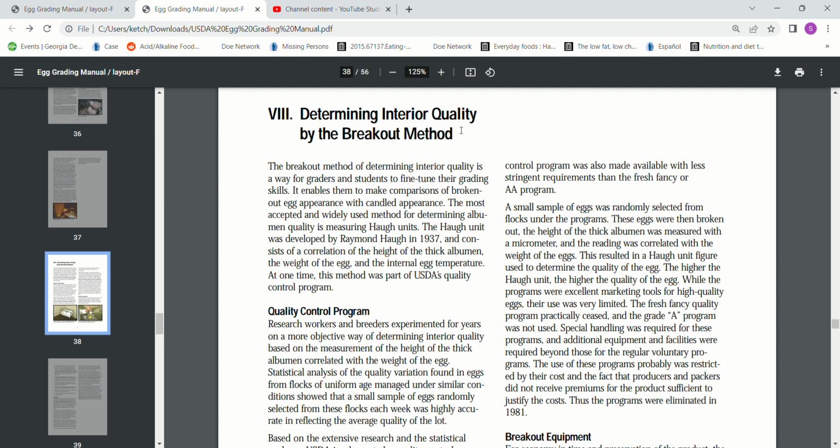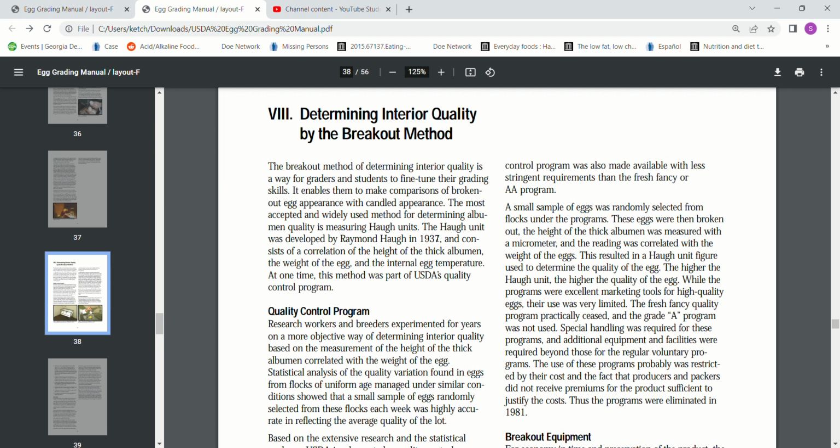Determining interior quality by the breakout method. The breakout method of determining interior quality is a way for graders and students to fine-tune their grading skills. It enables them to make comparisons of broken-out egg appearance with candling appearance. The most accepted and widely used method for determining albumen quality is measuring Haugh units.